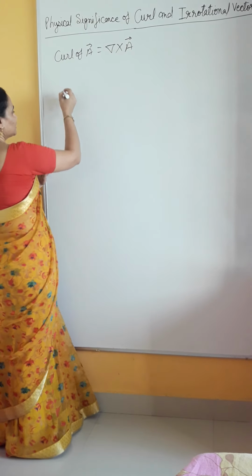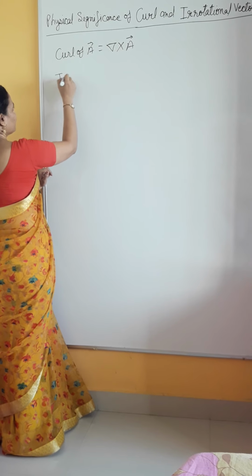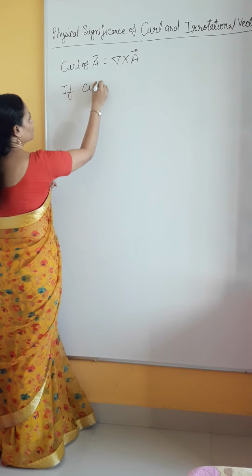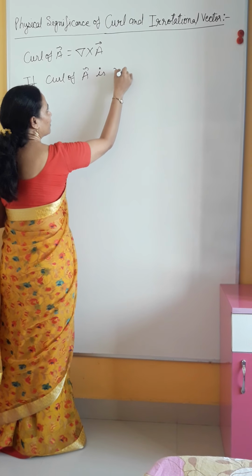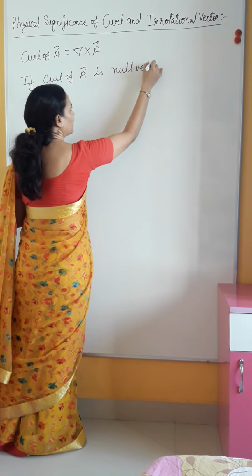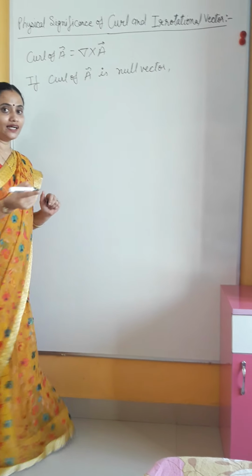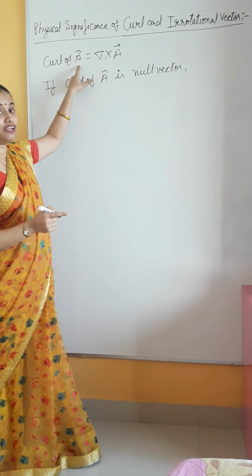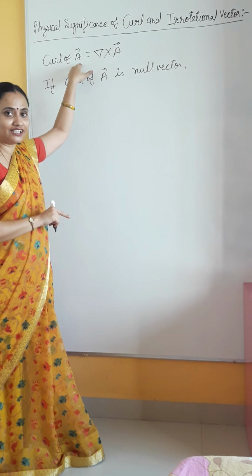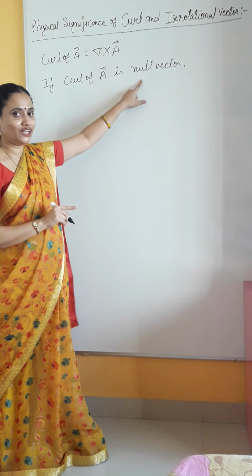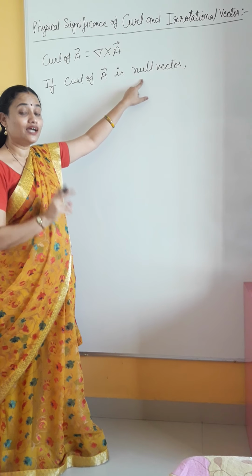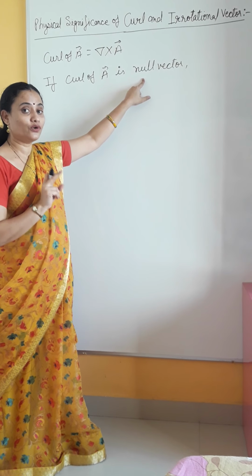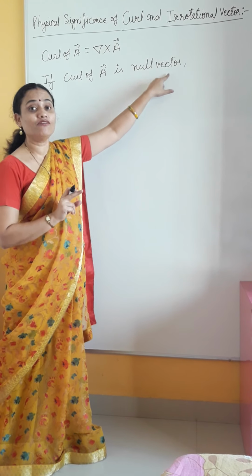So what is the definition of an irrotational vector? If curl of A is a null vector. Now why am I writing null vector here? Because curl of any vector is again a vector function. So we don't call it 0. Even if you write 0, for a vector function we don't call that 0; we make it a null vector.